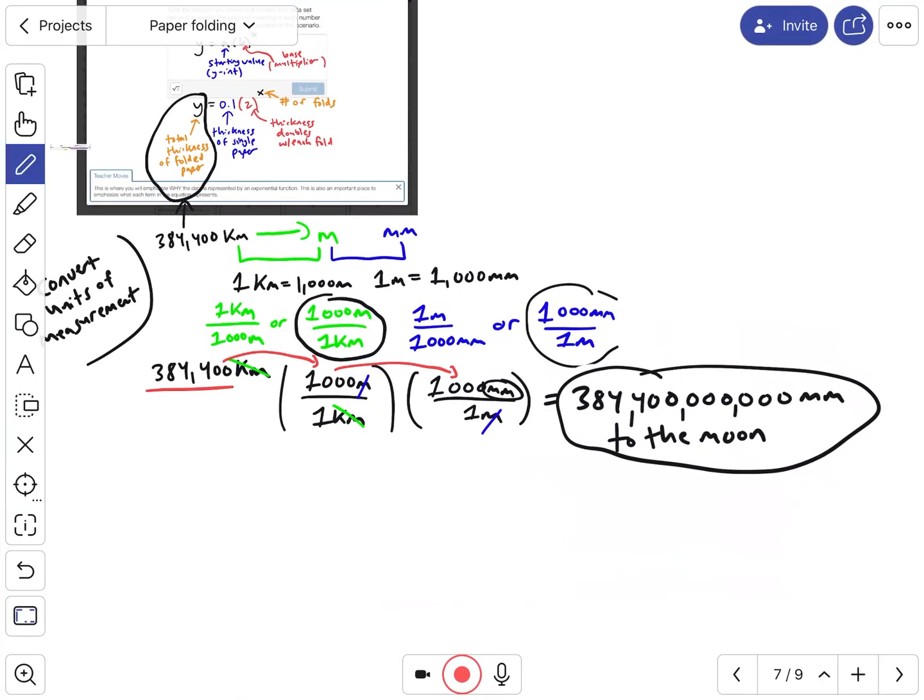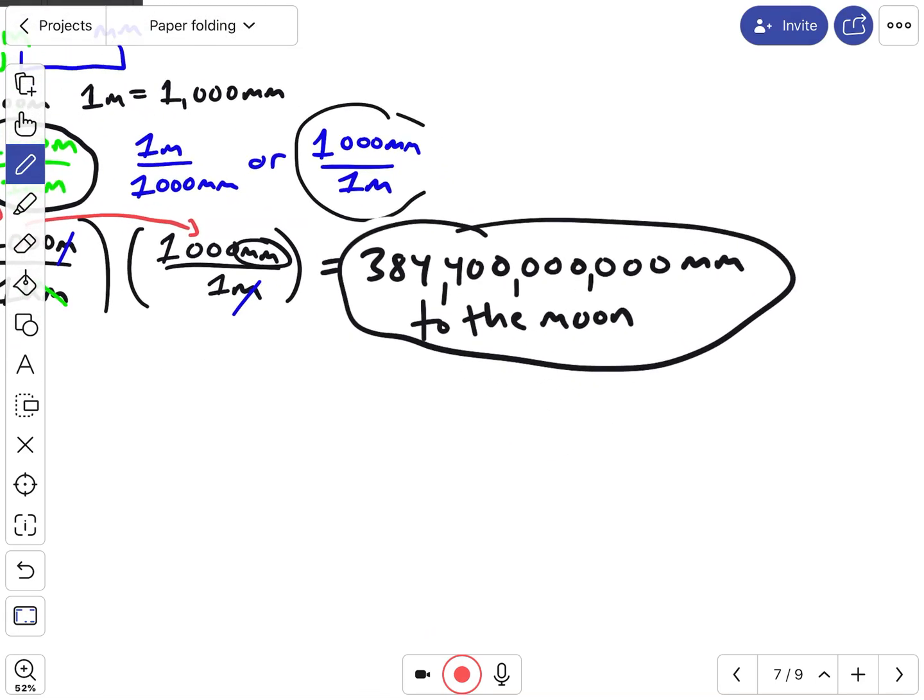Okay, so now this is scientific notation. What does this look like in scientific notation so we can understand it if we're looking at it on the graph? Well, scientific notation says that we need the decimal here. It's always at the end, so we count how many times you have to move it to get to where we want it. So 1, 2, 3, 4, 5, 6, 7, 8, 9, 10, 11.